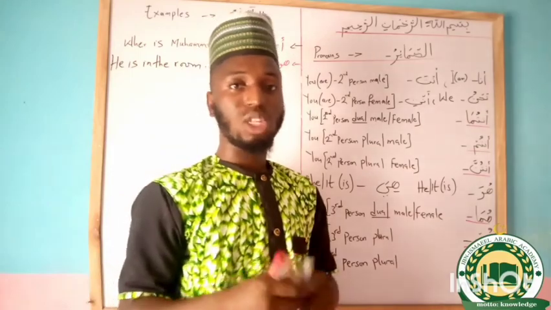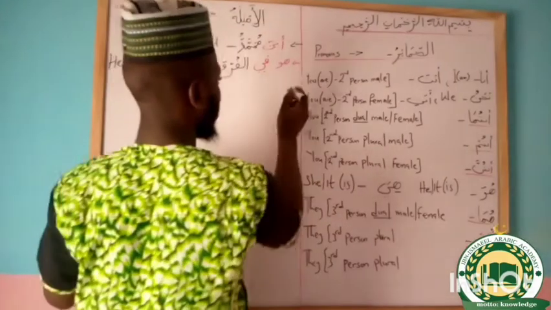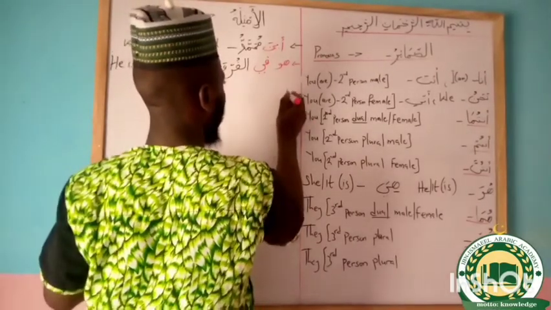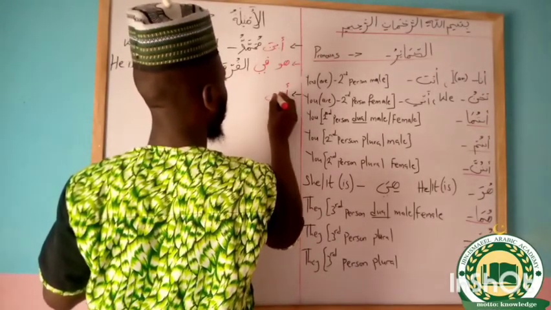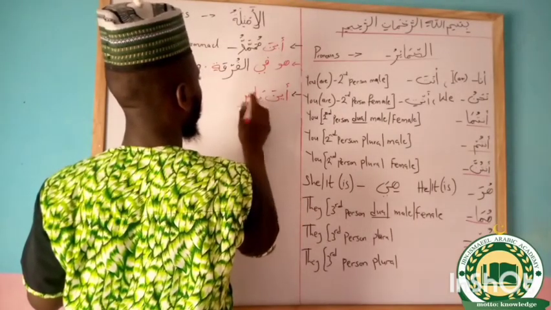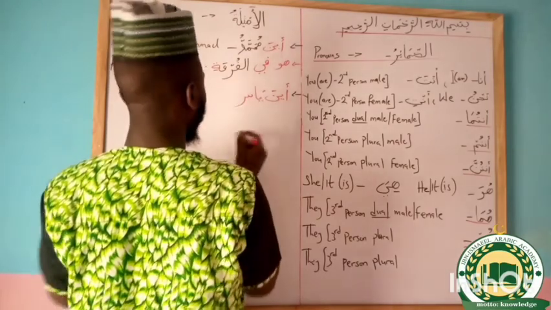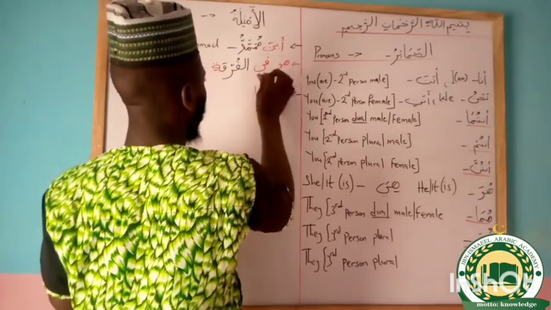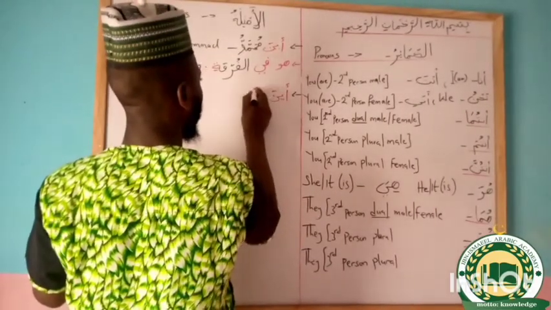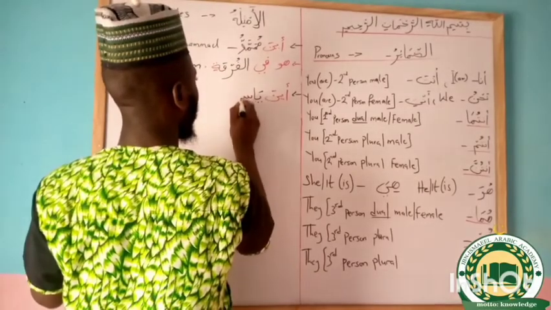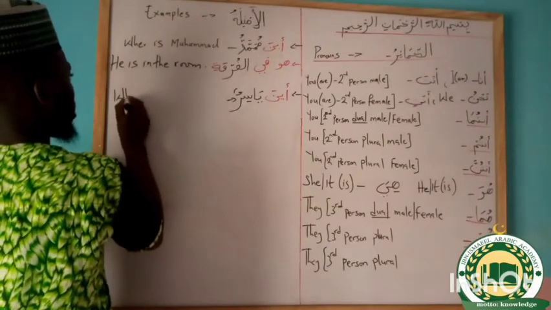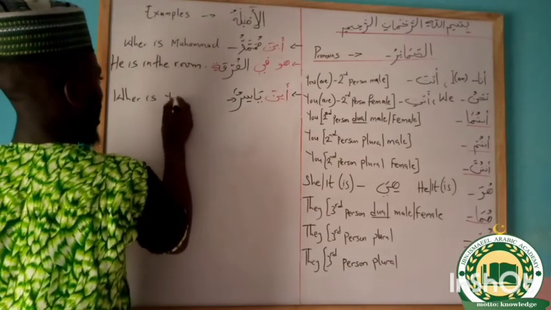Now let's move on with our examples. Who will ask? Aina Yasir? أين ياسر؟ Where is Yasir?